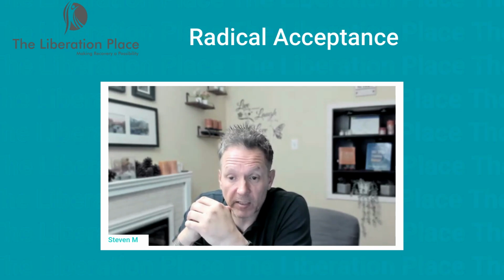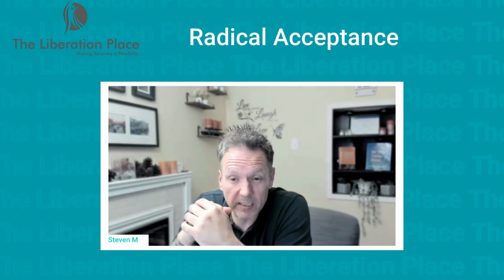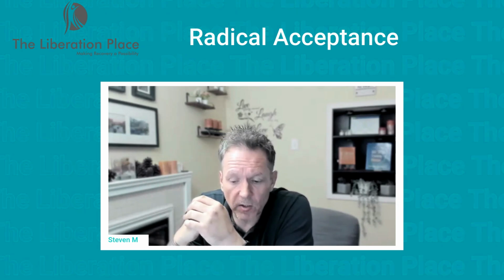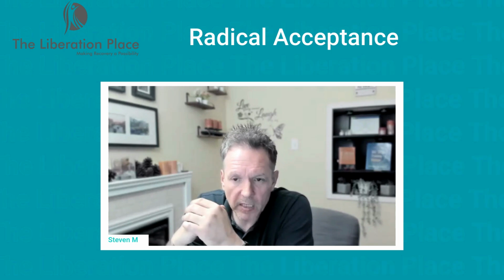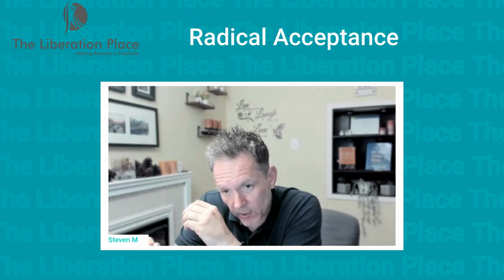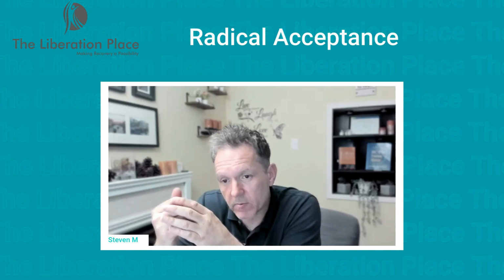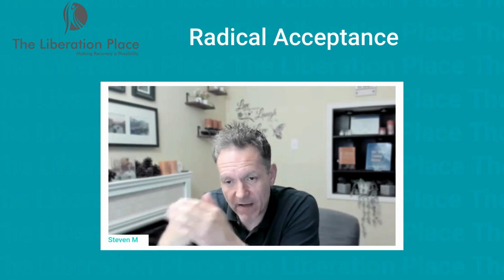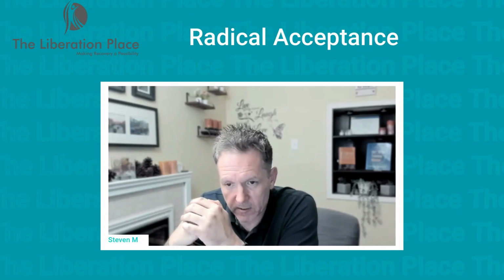I think this term gets confused a little bit because radical acceptance is a short-term distress tolerance skill. It's not a long-term concept. It is designed to get me through the moment and remove the tendency that I have to fall into a story about the situation. So with radical acceptance, what I'm trying to accept is the facts and only the facts.